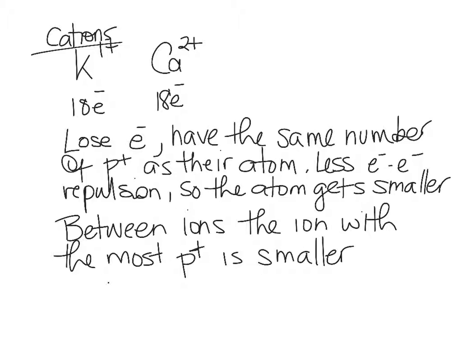Between ions, the ion with the most protons is smaller, i.e. Ca2+ is smaller than K1+. They have the same number of electrons, so the repulsion is the same.